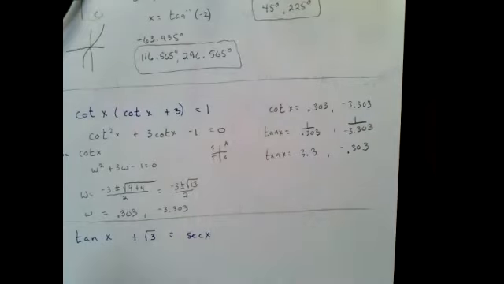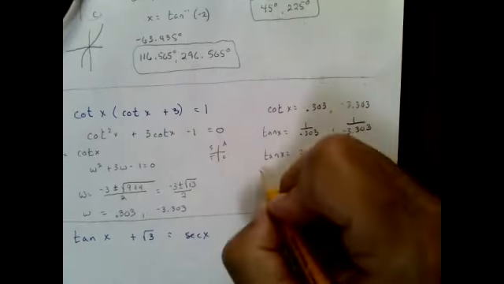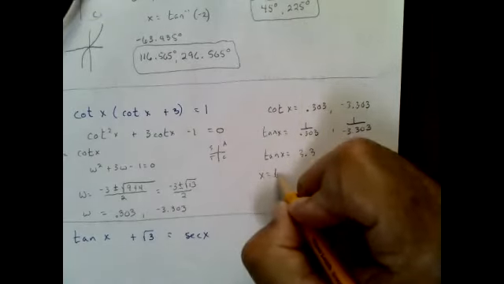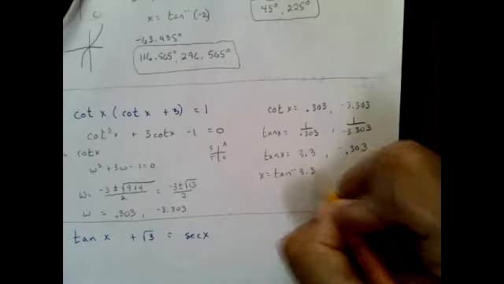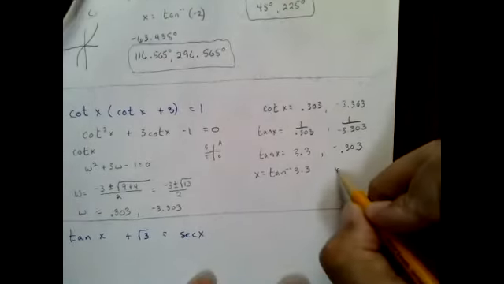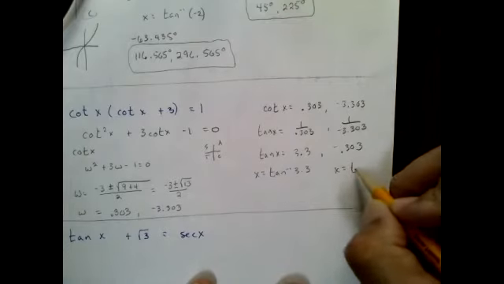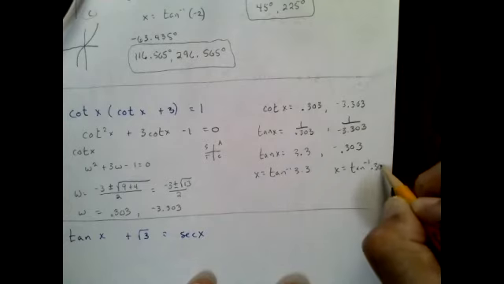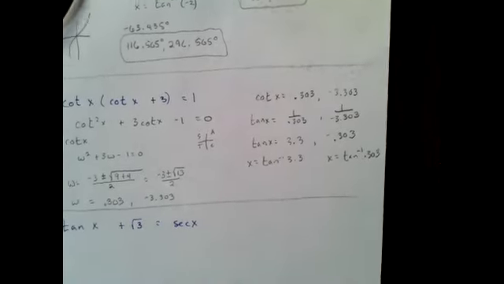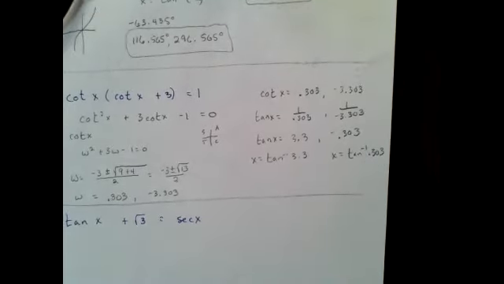It's negative in the second and fourth. So the first thing, X equals the inverse tangent of 3.3. Then my second one is going to be X equals the inverse tangent of negative 0.303. Goodness gracious. Don't put one of these bad boys on the quiz. It'll take forever.